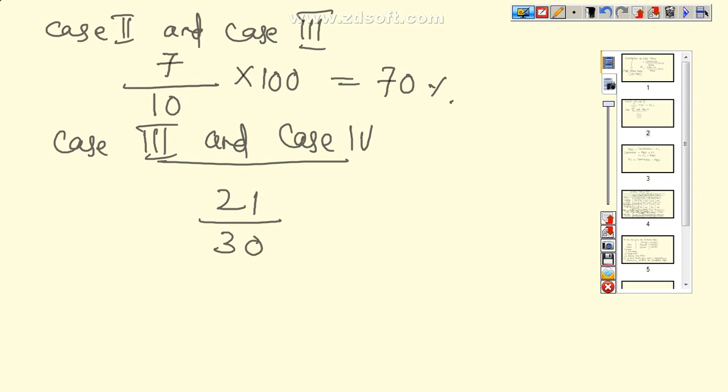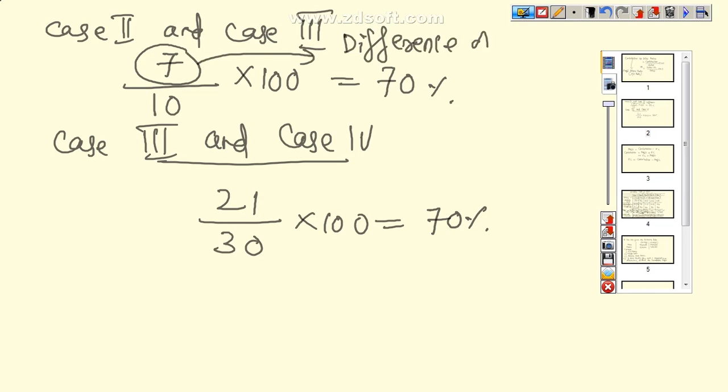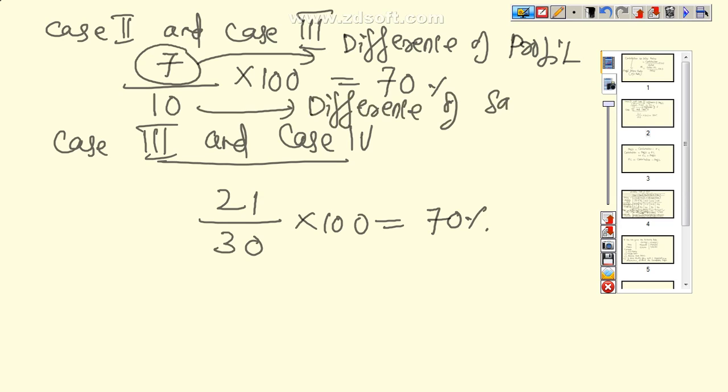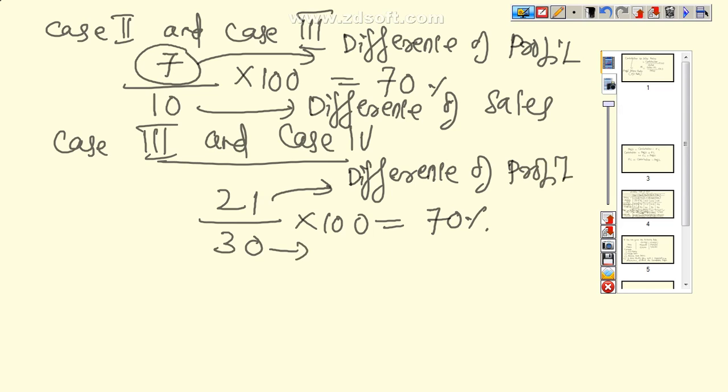So 21 upon 30 into 100 is equal to 70% again. Here this 7 and this 21 are the difference of profit, and this 10 and 30 are the difference of sale.